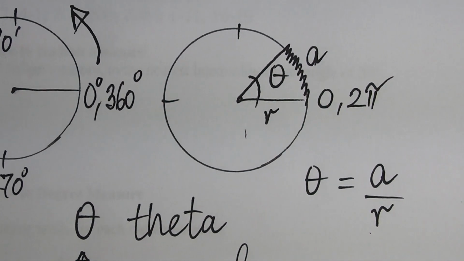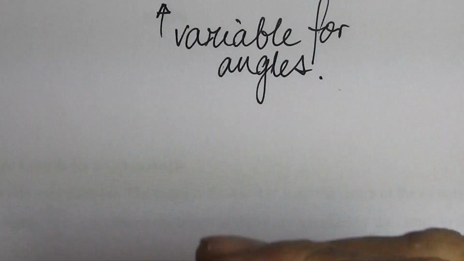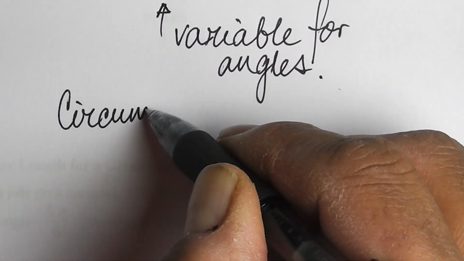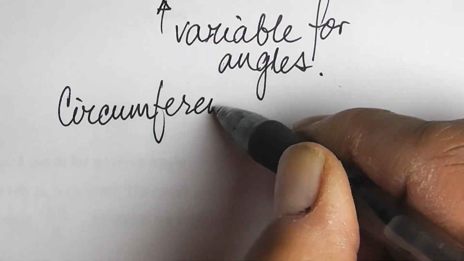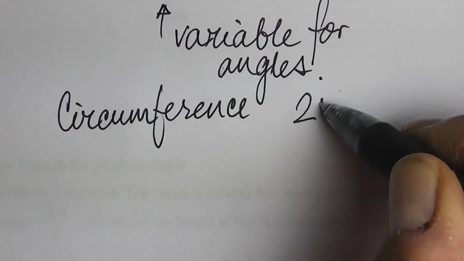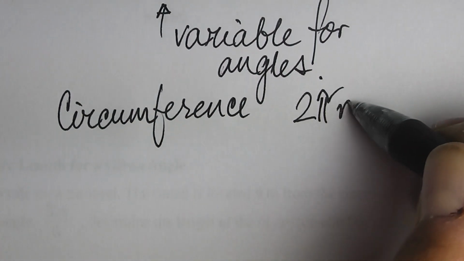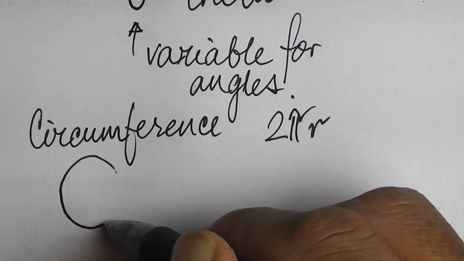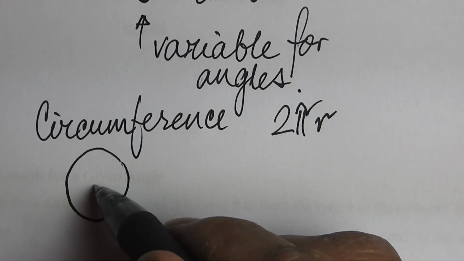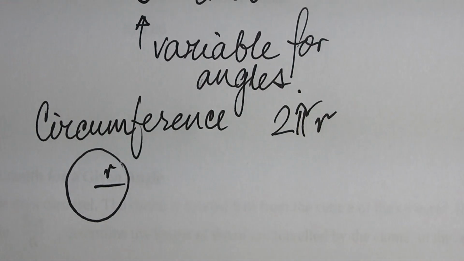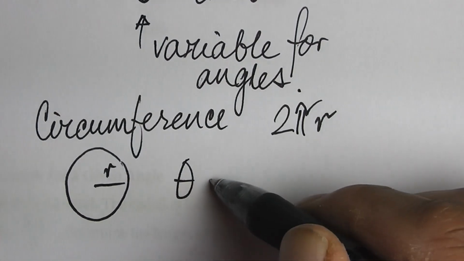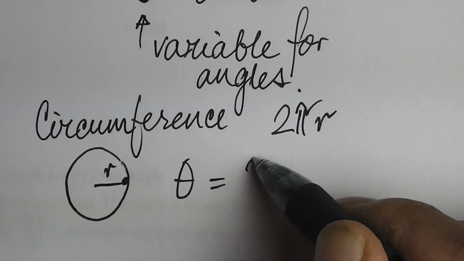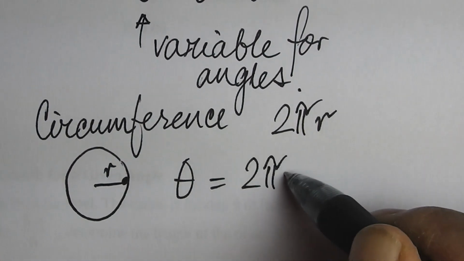Let me show you where the 2 pi comes from. If you took a complete circle, the circumference would be 2 pi times the radius. So if you consider a complete circle of radius r, the complete circumference from start all the way to finish would be 2 pi times the radius.